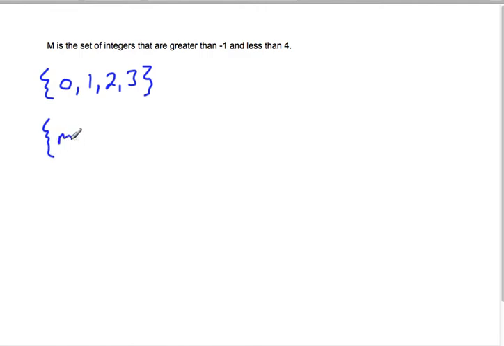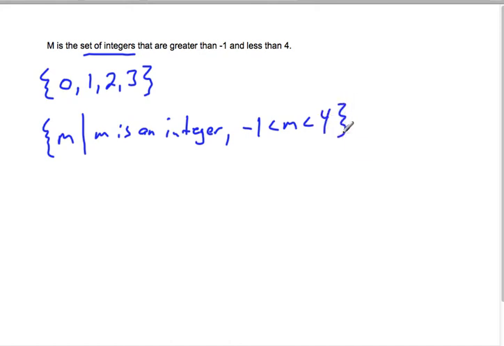I would have a variable and put that vertical line and then have the descriptor, right? And so the description might be that M is an integer because it says set of integers. So M is an integer. And then another description is that it is greater than -1 and also less than 4. So that would be set builder notation for that.